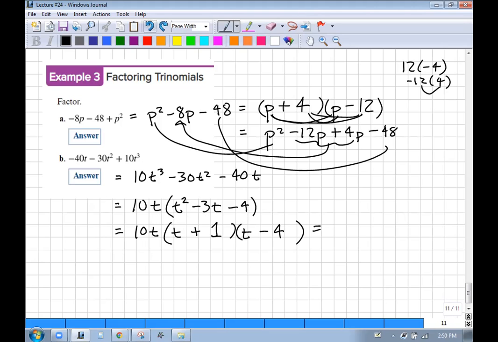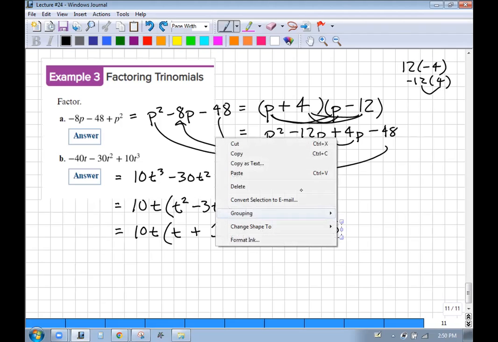Okay, because if you have this equal to 0, you could say 4 is a solution, because if I put a 4 in there for t, I get 0, and it doesn't matter what this is. 0 times anything is 0. So when it's factored, you can look at it and just see the answers, right?